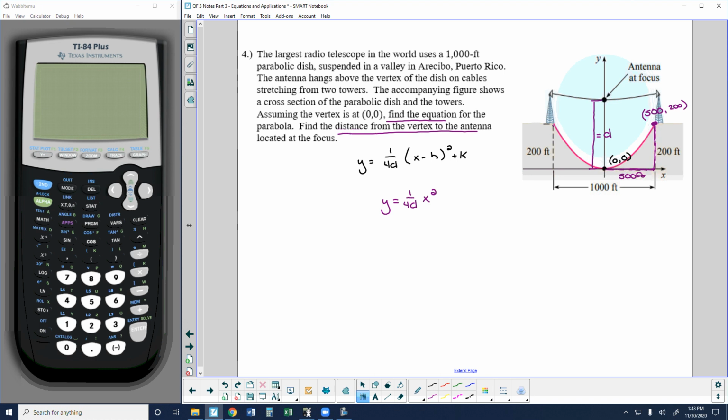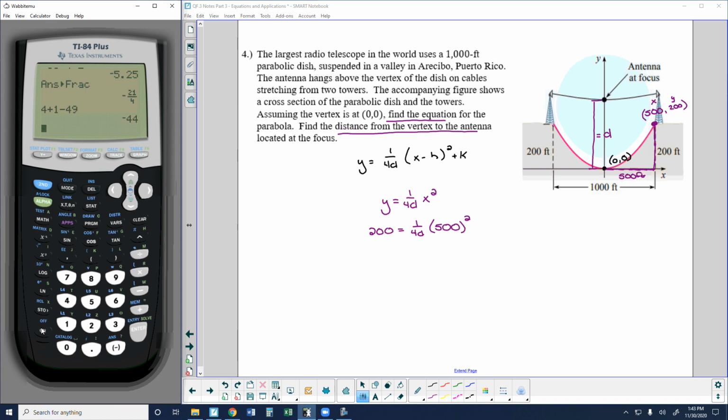So this point would be at the location 500, 200. This gives us an x, y coordinate pair. Now, why is this useful? Well, if I go back to my equation, I can substitute in for y as 200, I can substitute in for x as 500, and I can use this to solve for d.